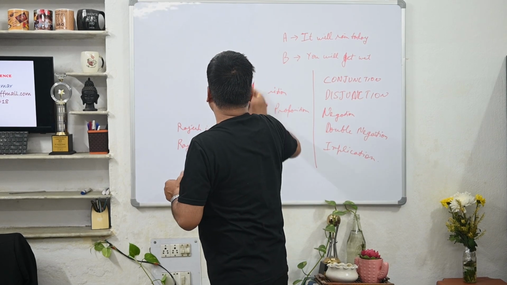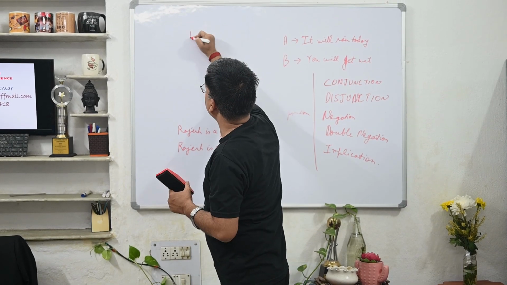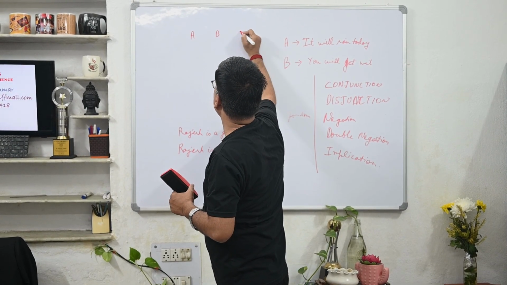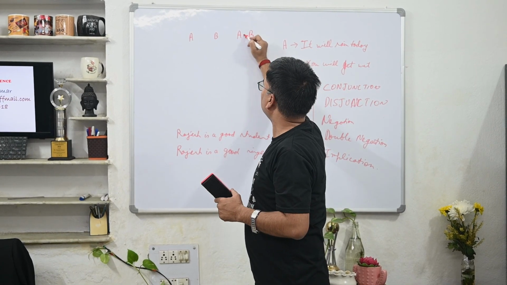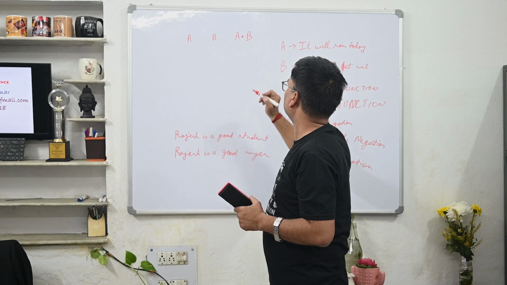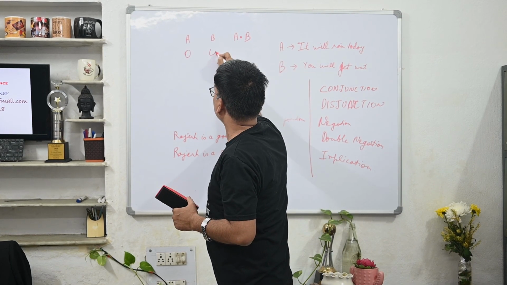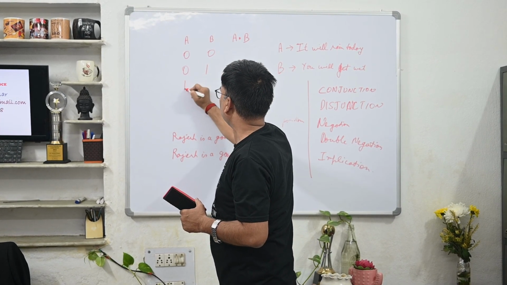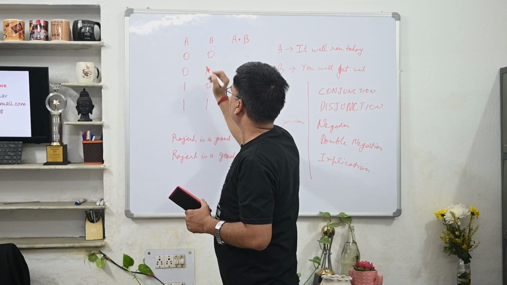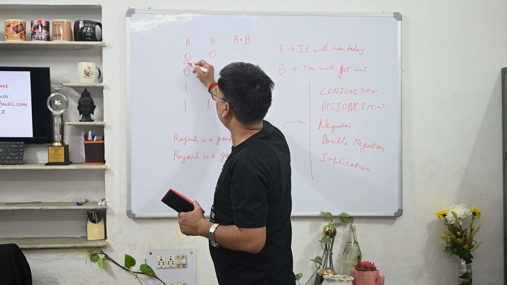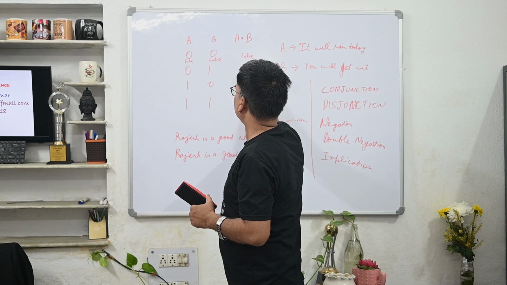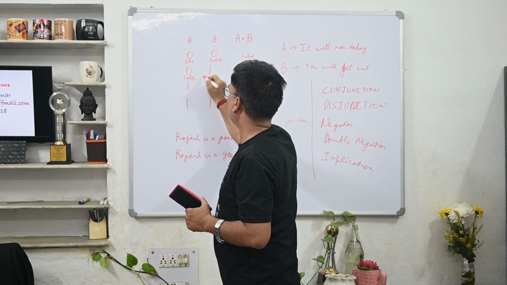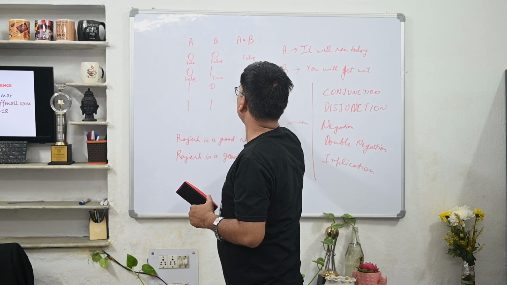Let us make a truth table. This is statement A, this is statement B, and this is A dot B, right? This dot is used for conjunction. Now 0, 0, 0, 1, 1, 0, 1, 1. 0 stands for false. False and false will be false. False and true will be false.